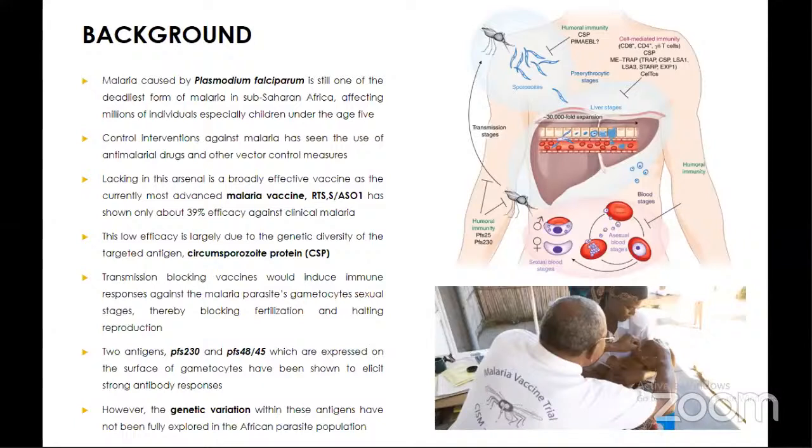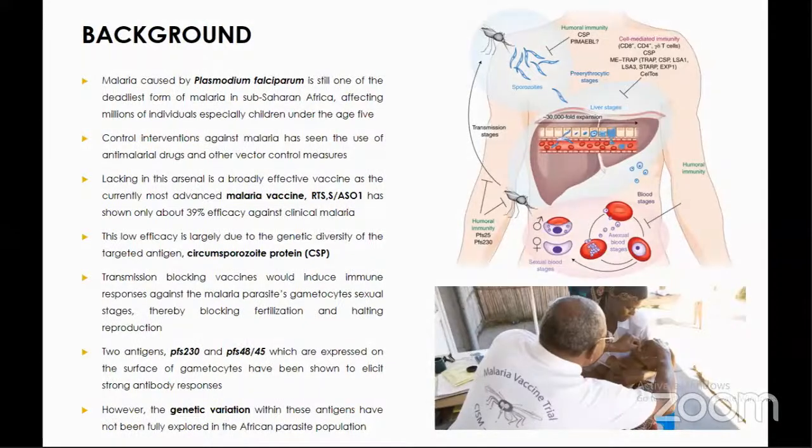Two antigens, PFS230 and PFS48/45, which are expressed on the surface of gametocytes, have been shown to elicit strong antibody responses against Plasmodium falciparum. However, the problem of genetic variation, which plagues the other vaccine candidates, has not been fully explored within these two antigens in the African parasite population.